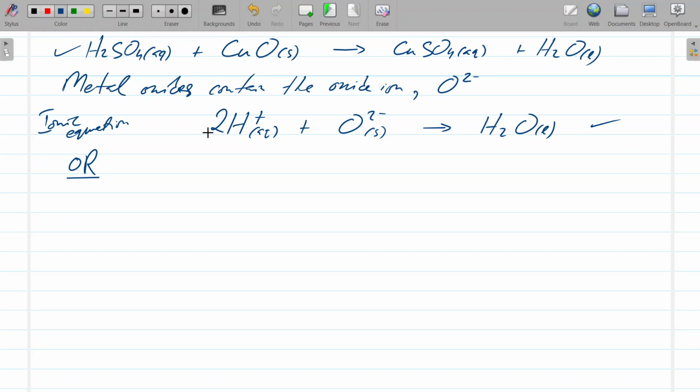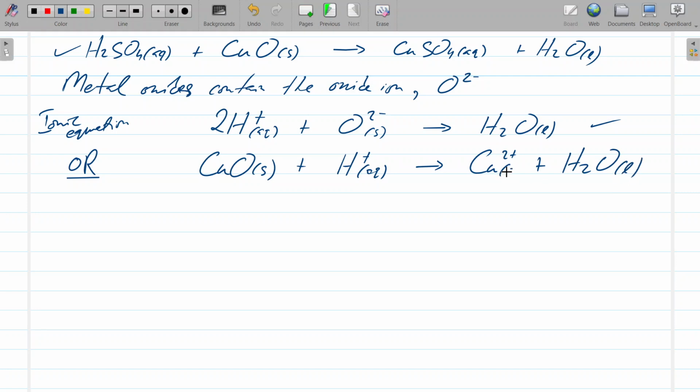Or we can talk about the copper, what's happening to the copper, right? So you've got CuO, which is a solid, and it's reacting with the acid and giving you, right, how will you balance this one?